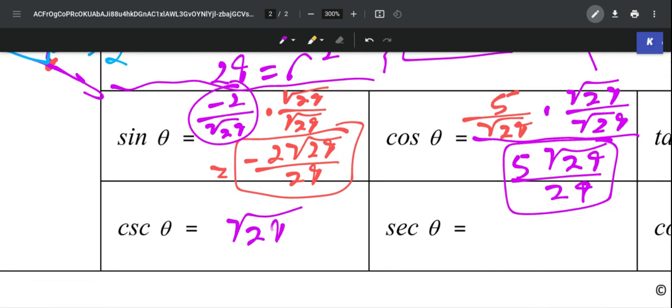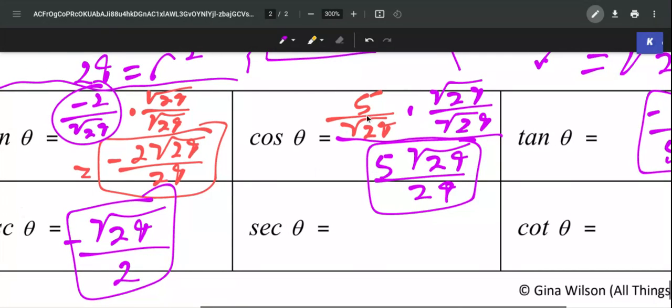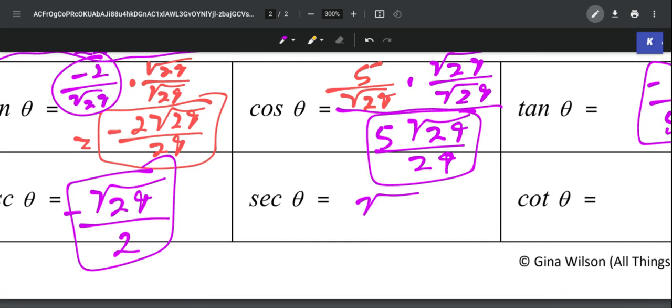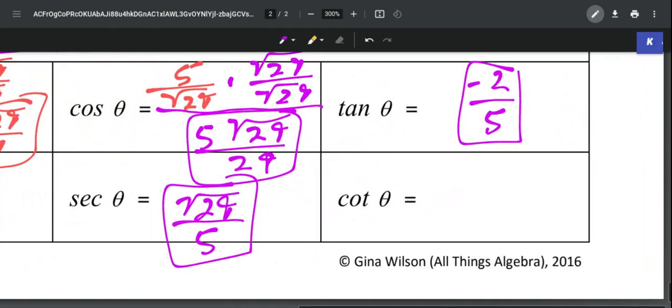So it'll be negative square root of 29 over 2. When we flip cosine, use what you did at the start. So we'll take 5 over the square root of 29 and flip that. It'll be the square root of 29 over 5. And then when we take tangent and flip that, it would just be 5 over 2, and it would be negative.